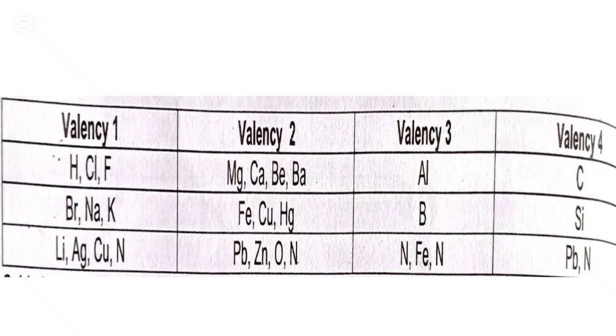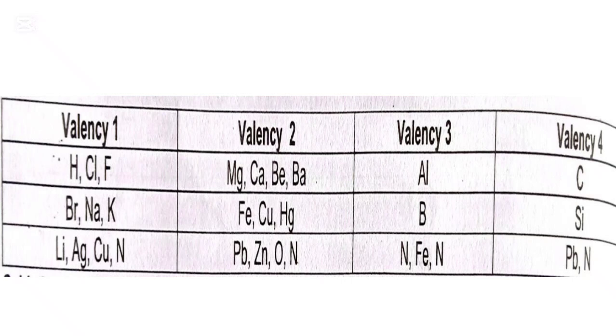The table below shows some valencies and the atoms to which they belong. For example, we have valency 1: hydrogen, chlorine, fluorine, bromine, sodium, potassium, lithium, silver, copper, and nitrogen. In valency 2, we have magnesium, calcium, beryllium, barium, iron, copper, silver, mercury, then we have lead, zinc, oxygen, and nitrogen.